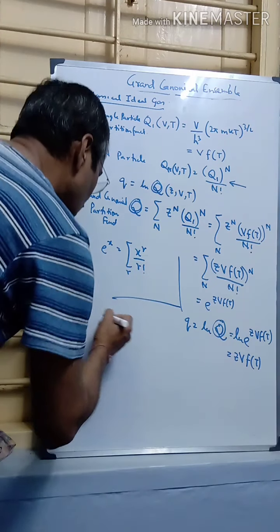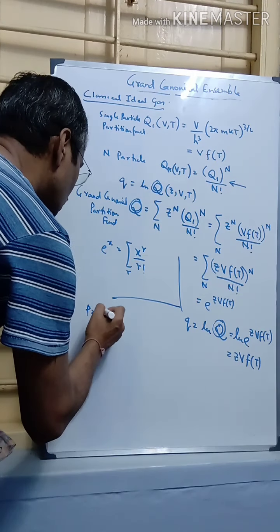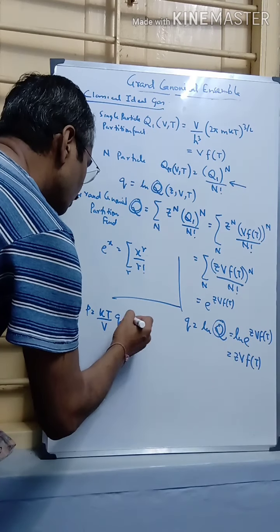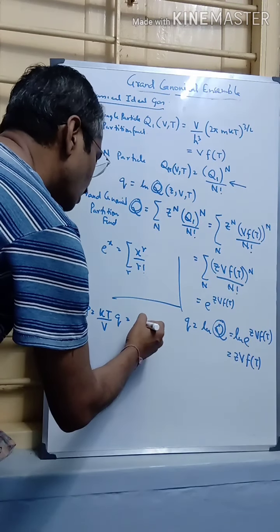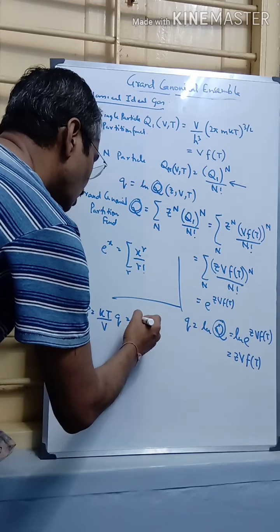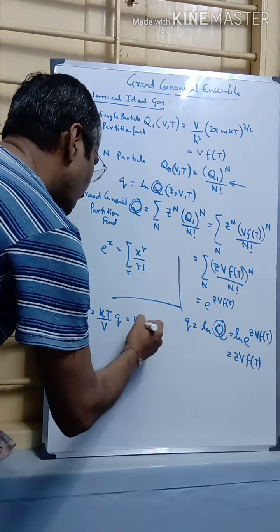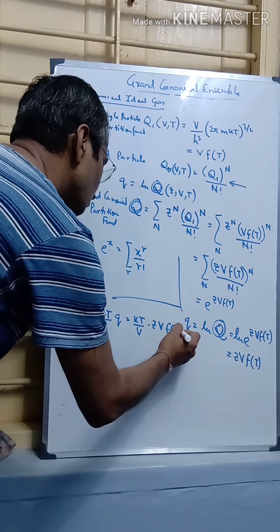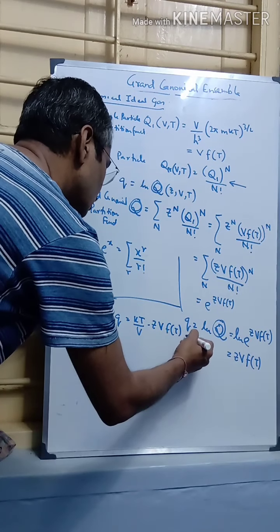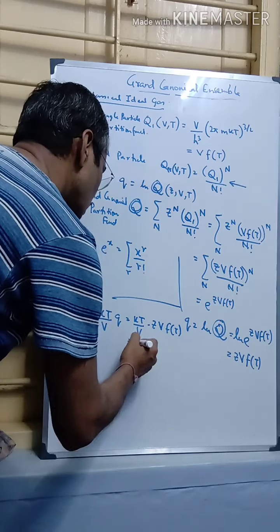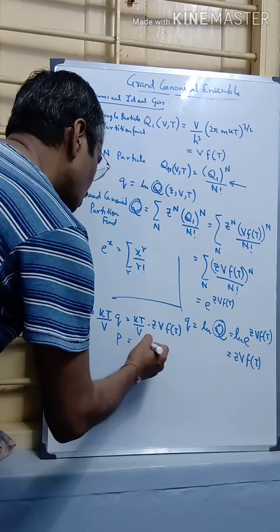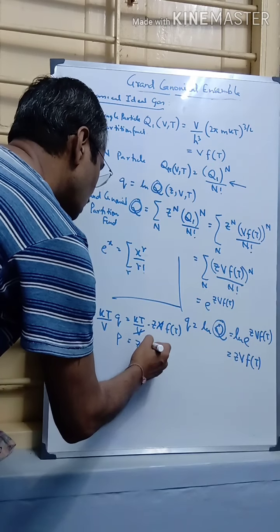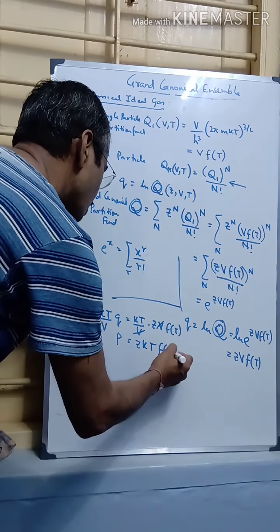So the first thing is pressure. Pressure is kT by V into ln Q. So that would be equal to kT by V into z V f(T), which actually gives us, so P, the pressure, V cancels out, z kT f(T).